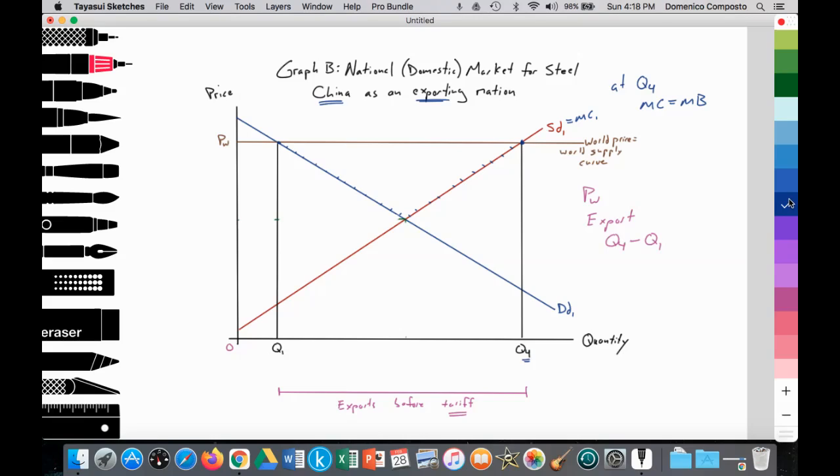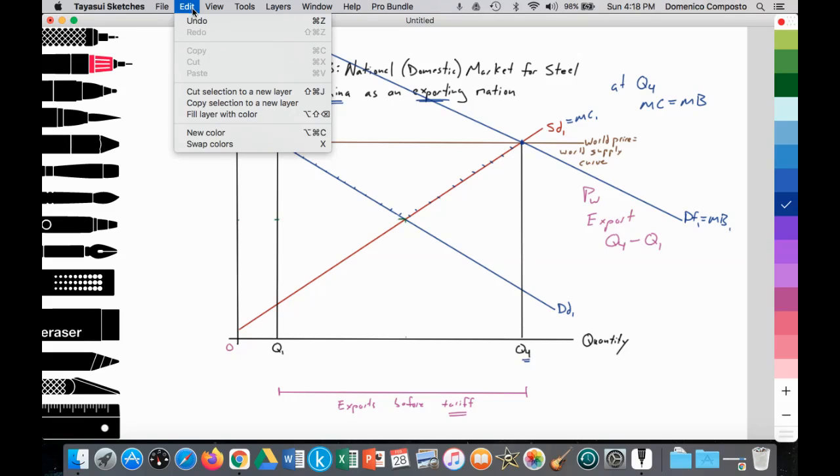And then for the importing nation, this could be the United States, just to illustrate, the US's demand curve perhaps coming out to here. This would be demand by the foreign nation, DF, let's say, and that would be their marginal benefit. So where marginal benefit equals marginal cost, at that intersection, we've reached allocative efficiency, okay? Just to illustrate that point.